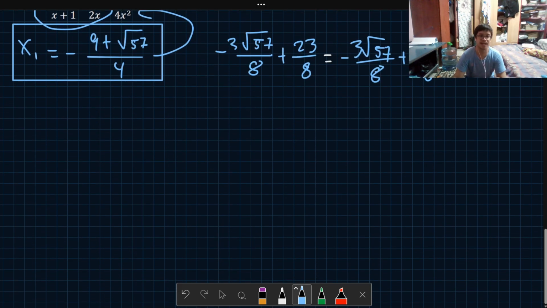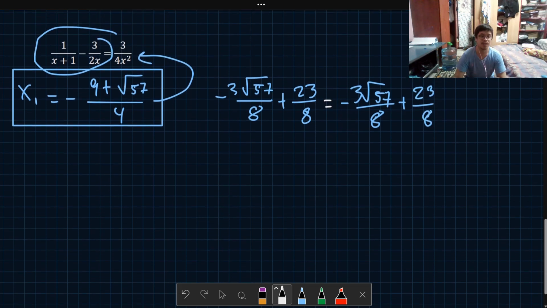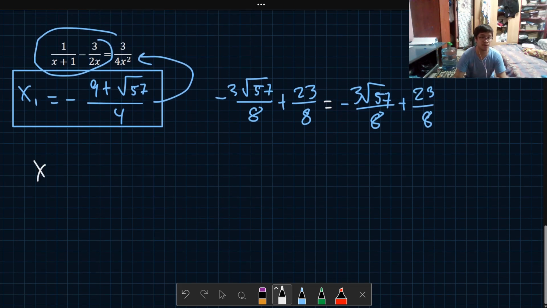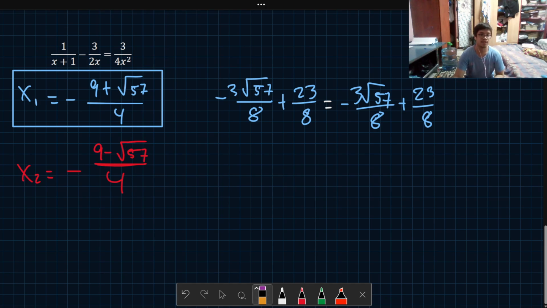But how about the second one? How about, instead of having the positive square root of 57, you will get negative instead. So negative 9 minus square root of 57 all over 4. Okay? Let's take a look. Now let's try to substitute it on the left side first.